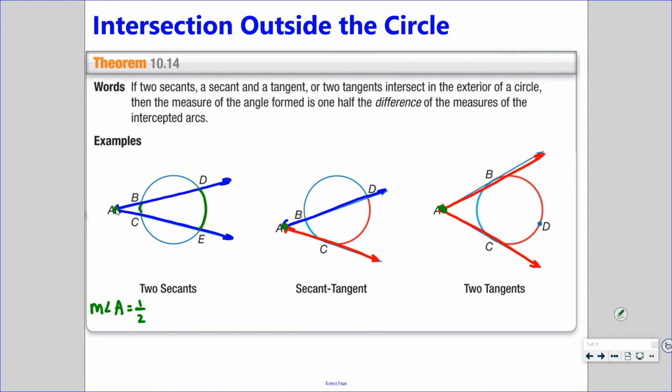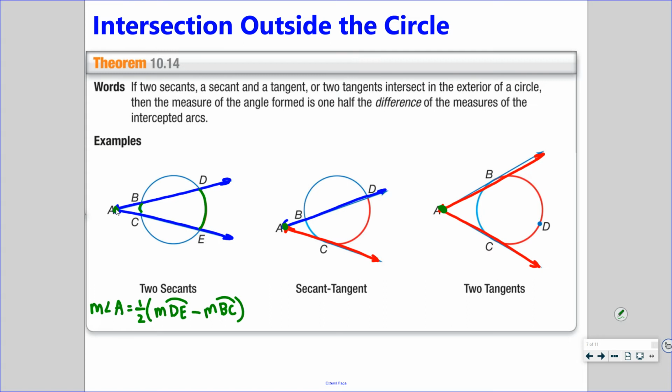Could I ever have a negative angle measure here? No. So the order we're going to subtract them is the big arc, in this case, it would be DE, minus the measure of the little arc. All right, and that's my rule anytime the intersection point's on the outside of the circle.